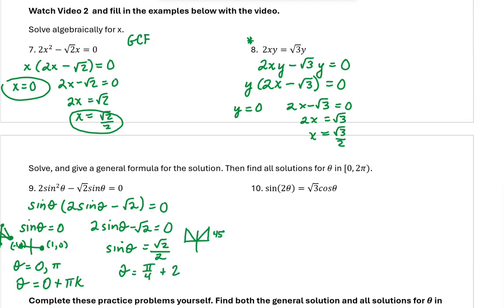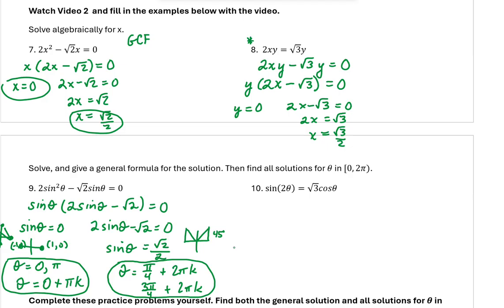I could just add on the 2 pi k there. And then also over here, this would be 3 pi over 4 plus 2 pi k. Okay, so I've got my solution 0, pi, pi over 4, and 3 pi over 4, and then of course the generals as well.